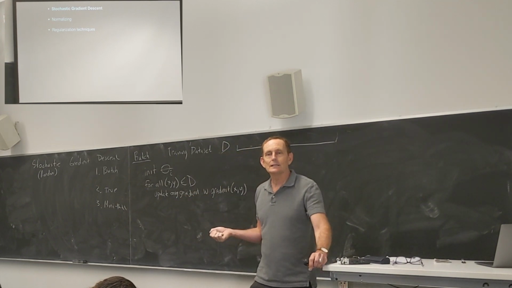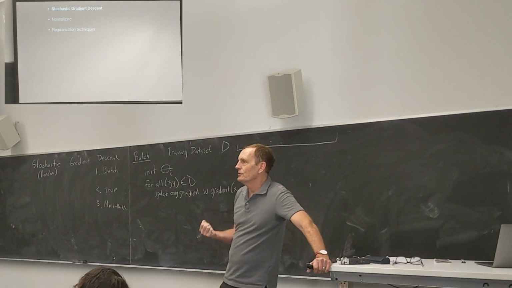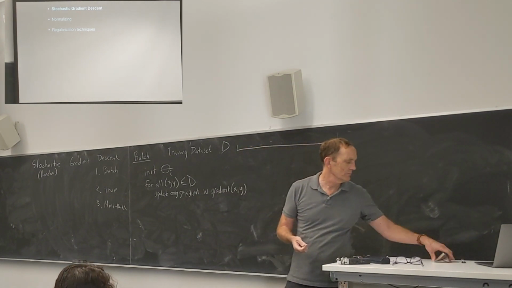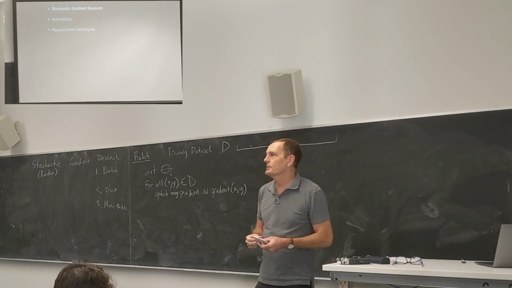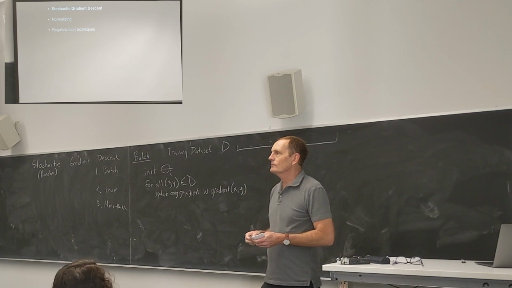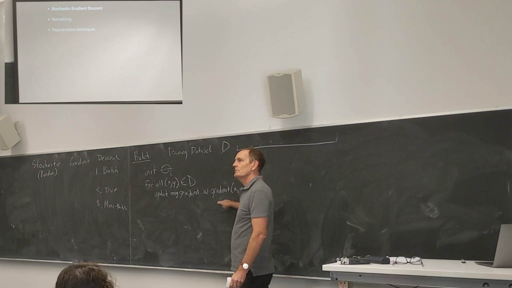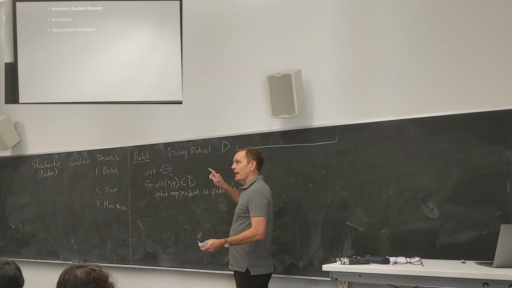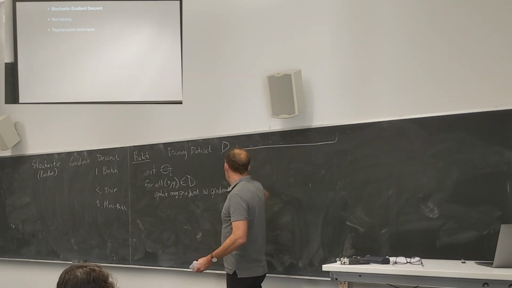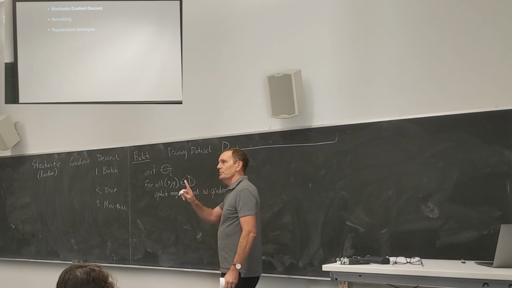Is the gradient a single derivative? Mo? Is the gradient here a single derivative? I think so. Okay. Let me give you the rest of the loop, and then we'll see.